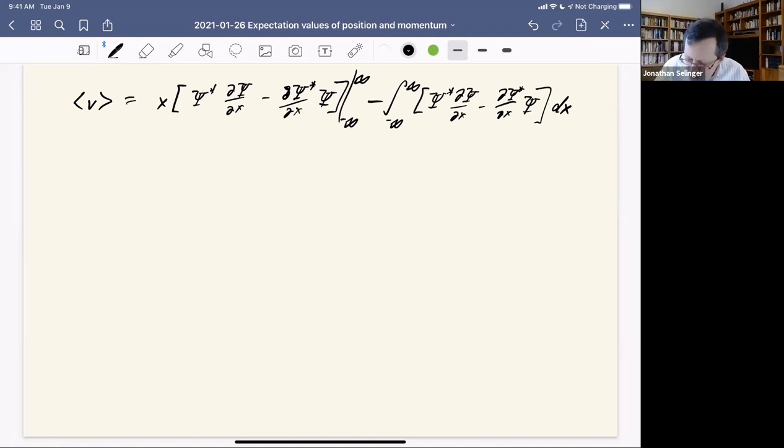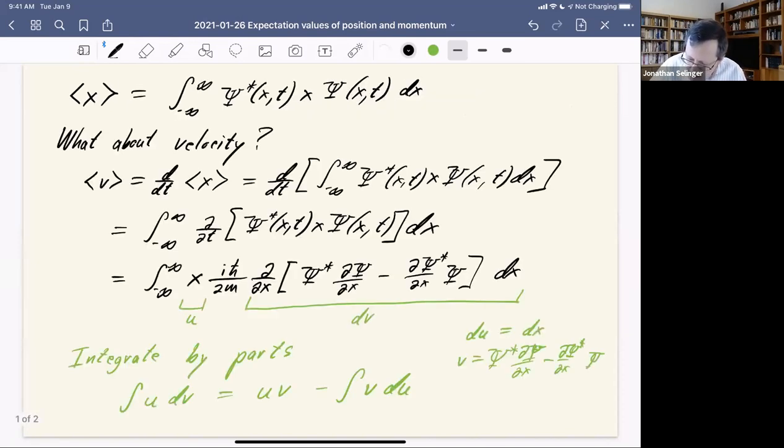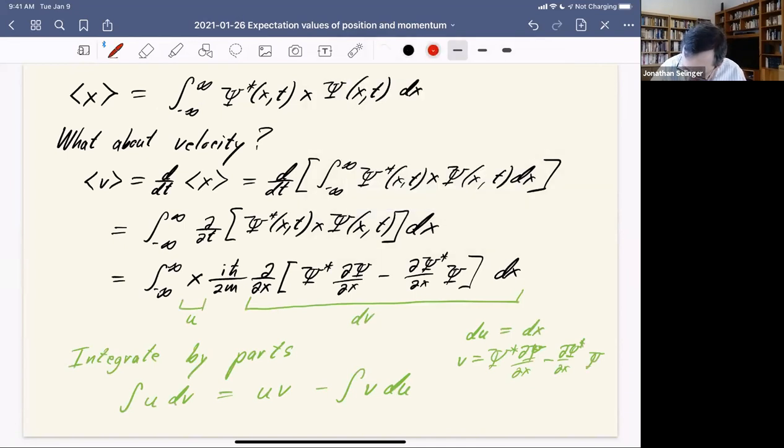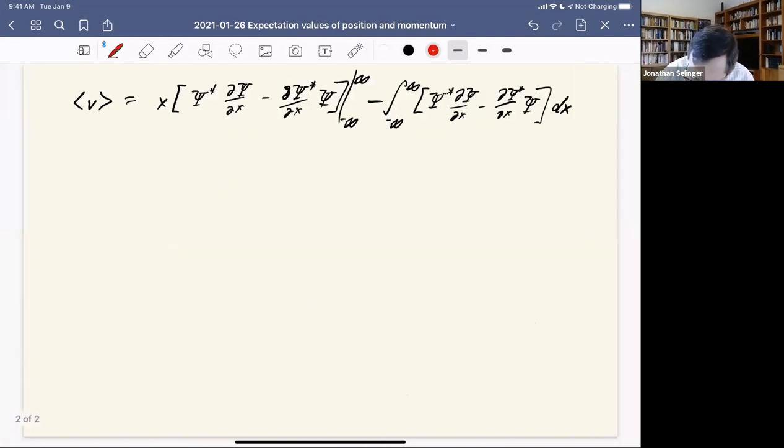And then all of this is multiplied by the factor that I forgot about, which is this thing right here. That's a constant factor multiplying everything: i h bar over 2m.